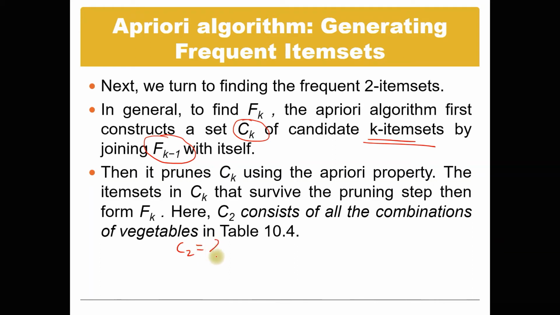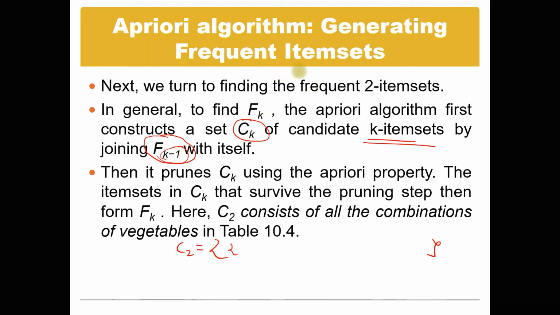To be able to get C2, it's going to be a list of all these different two item sets. But how do I get these two item sets? An example of a two item set would be asparagus and corn, another one broccoli and corn, and it goes on like that. How do you do that? Is by joining F1 with itself. F1. Why did I say F1? Because F of k minus 1.